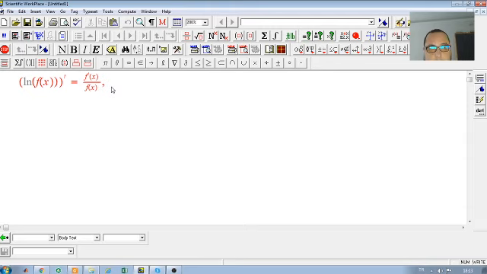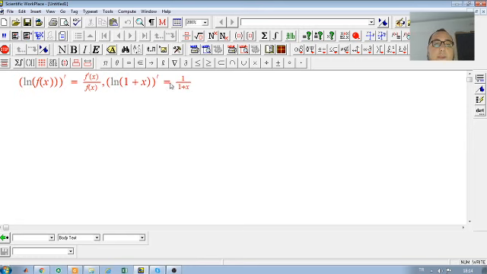Therefore, when we consider ln(1 + x), its derivative is equal to 1 over 1 plus x.